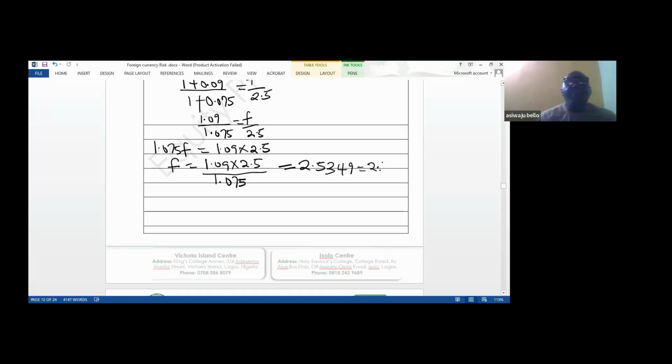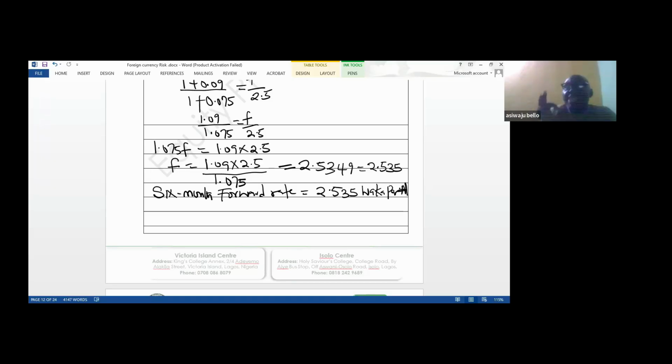That means the 6-month forward rate is equal to 2.535 waka per naira. That is the 6-month forward rate.